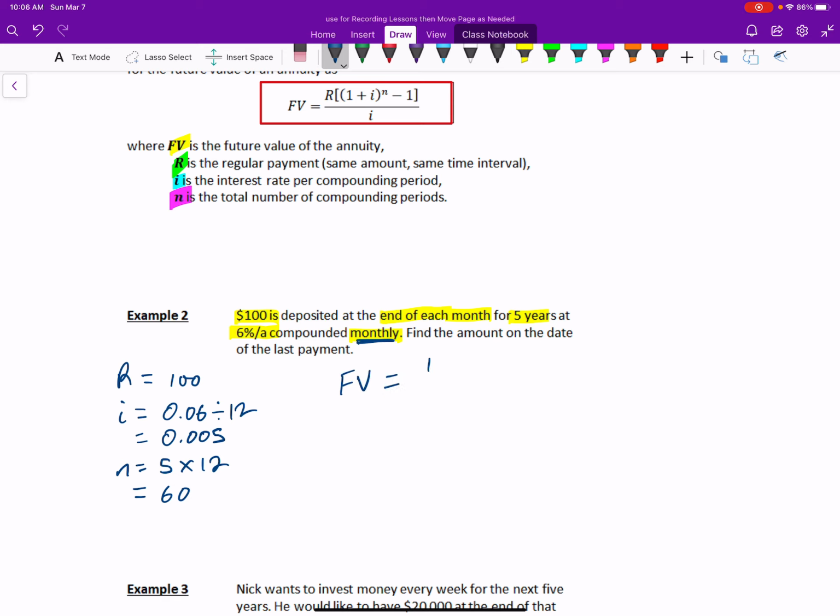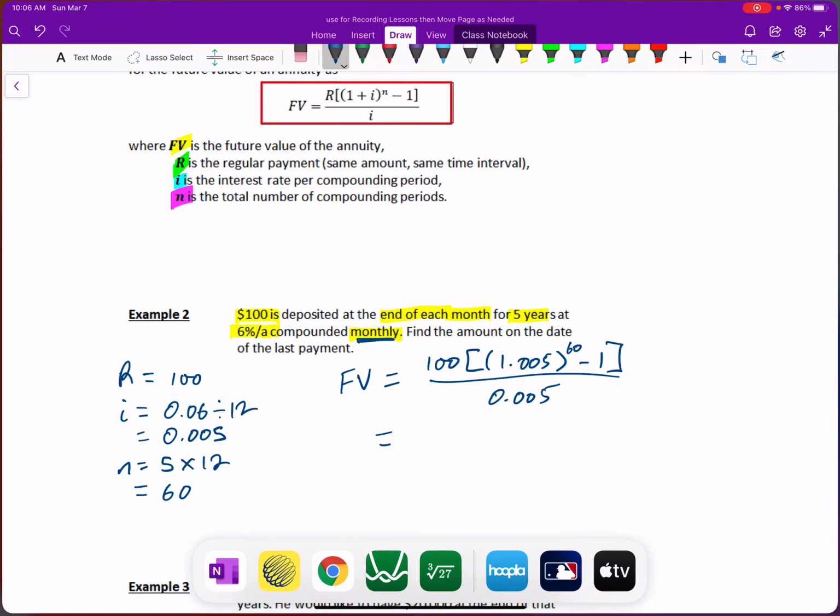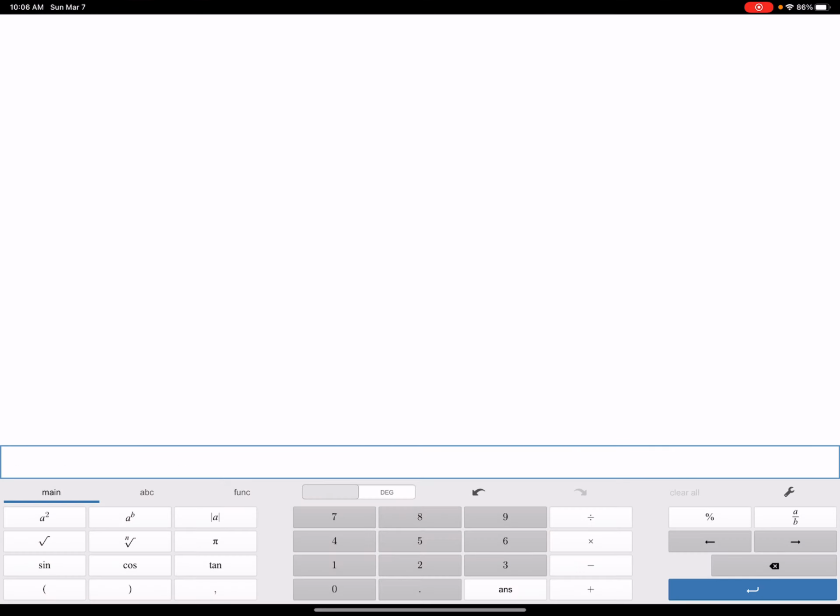Using the formula, R is 100, 1 plus I is 1.005, N is 60, then I subtract 1, and I put it over I, which is 0.005. Type that in, and I'll have my answer immediately.